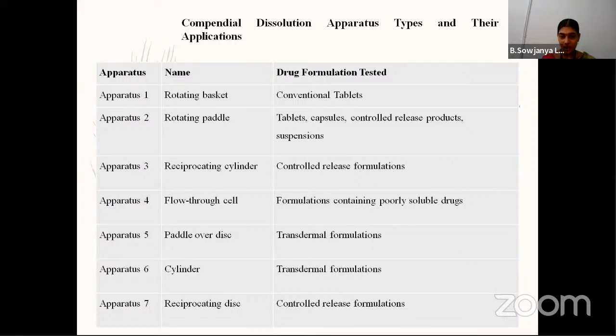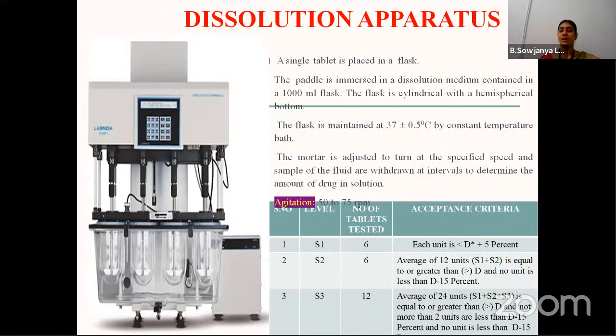Okay, so the reciprocating cylinder is suitable for controlled release type formulations. Flow through cell apparatus is used for poorly soluble drugs. Okay, for transdermal formulations, both paddle over the disc and cylindrical type apparatus are sufficient. And another type of dissolution apparatus, the single basket tablet is placed in each flask.